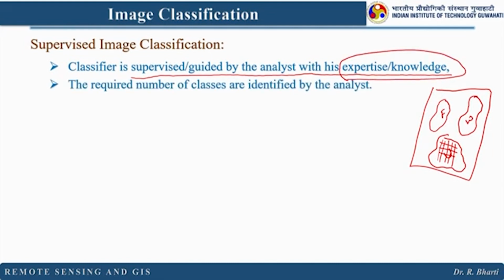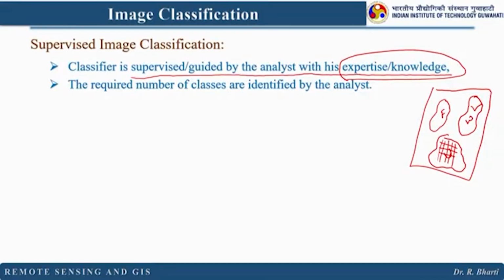The next point is the required number of classes are identified by the analyst. Since this is supervised classification, you have to tell that okay, only these 3 classes I want in my classified image, right?